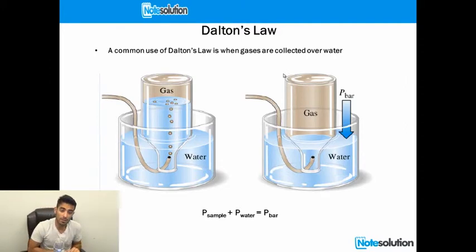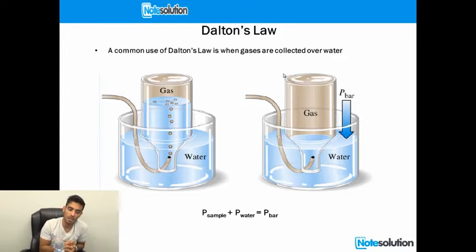One more thing we're going to talk about in Dalton's law is the common use of Dalton's law when collecting gases over water. Scientists used to use this traditional method of collecting a pure version of a gas with the help of water.